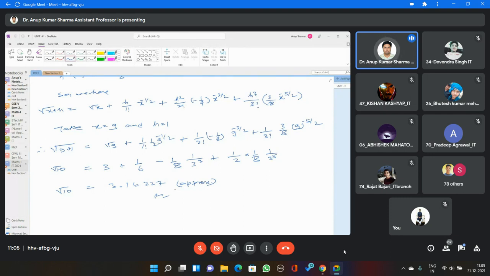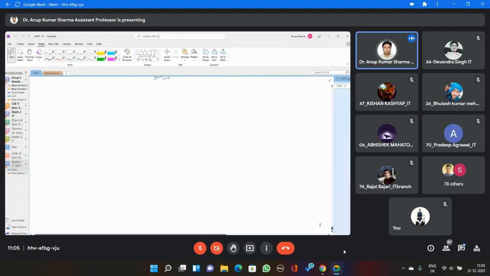Now we see a Maclaurin series problem. Maclaurin series means about the point zero, about the origin.